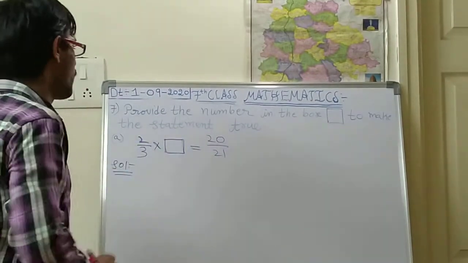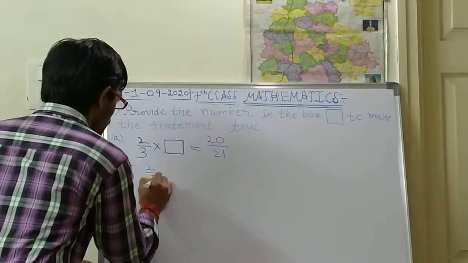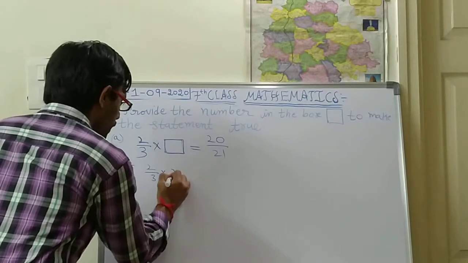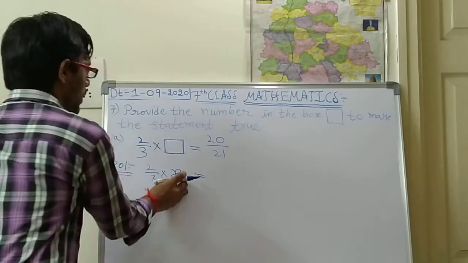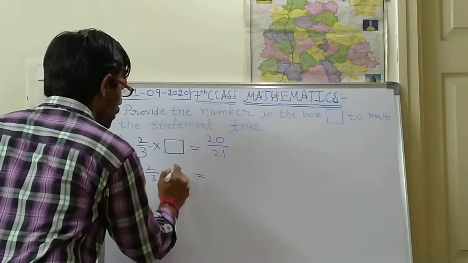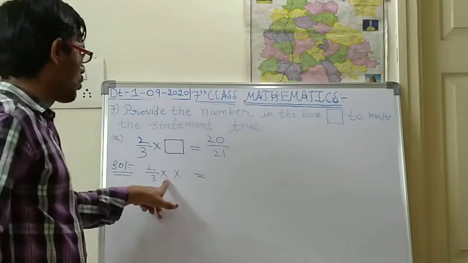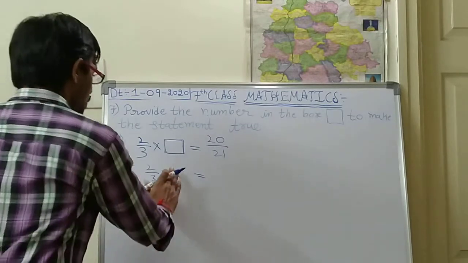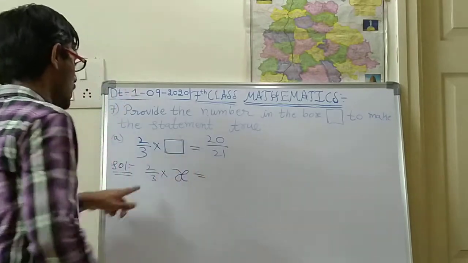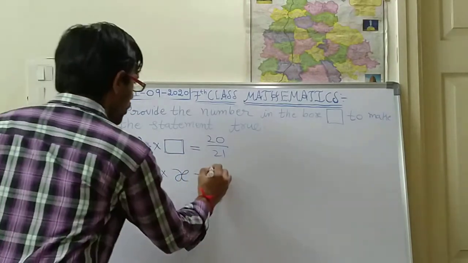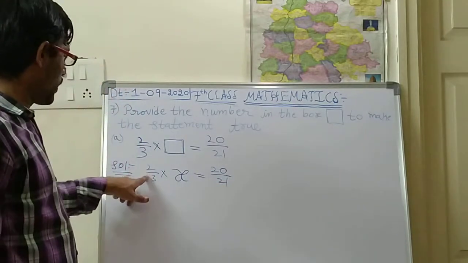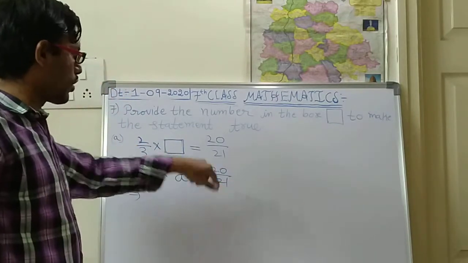How should you do it? First, 2 by 3 into, we don't know this one, so we have to find this one. So let it be x. Just write x like this, because into we are writing like this now. So 2 by 3 into x is 20 by 21.